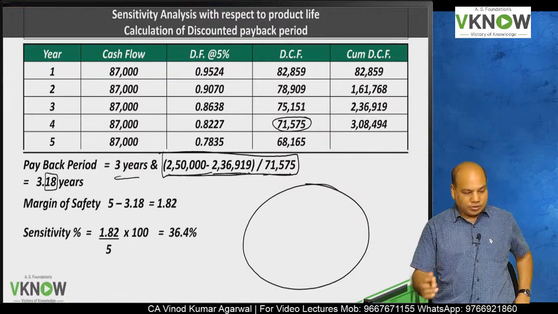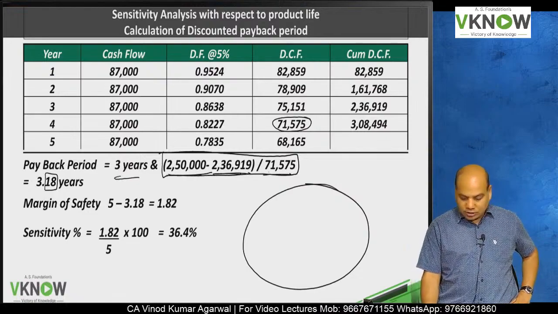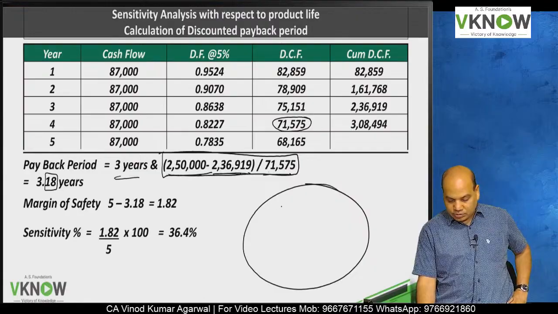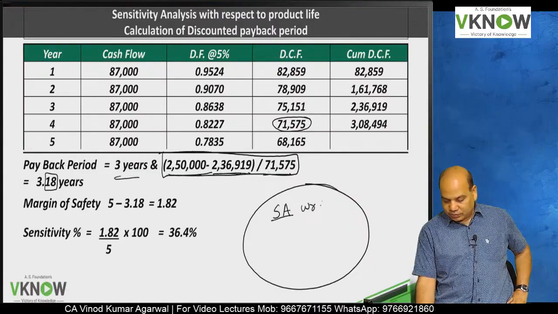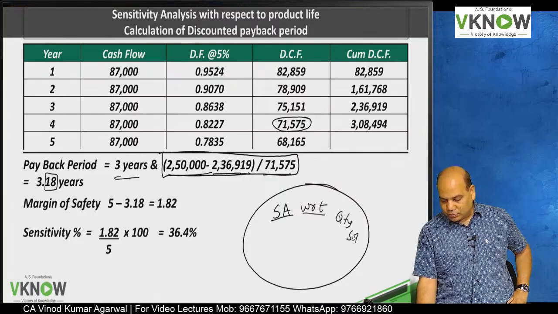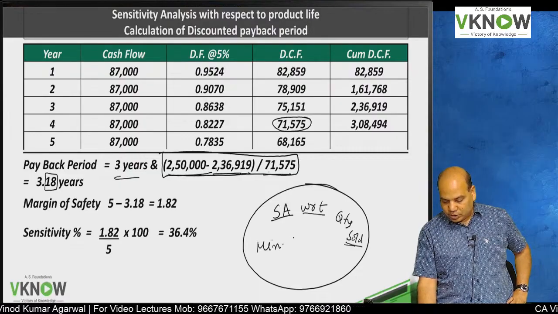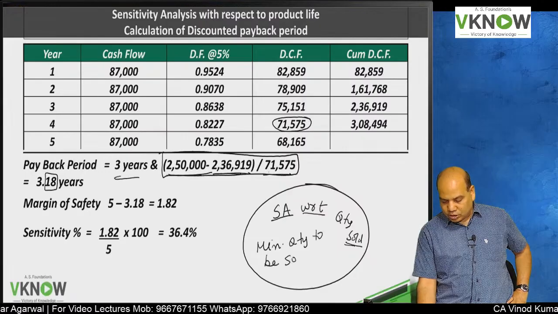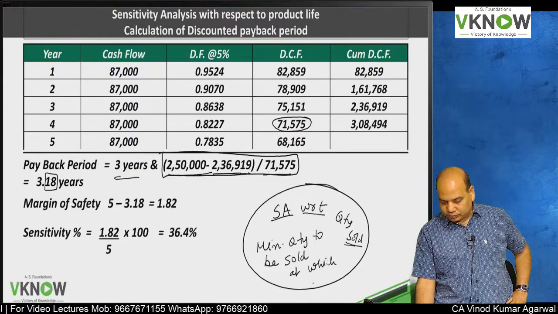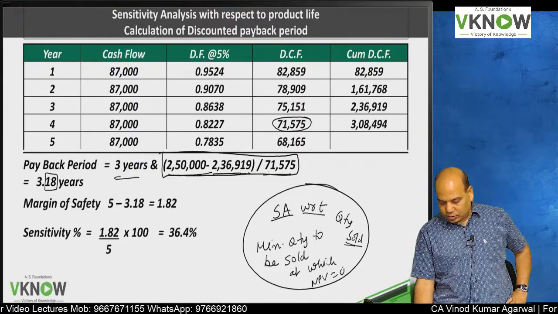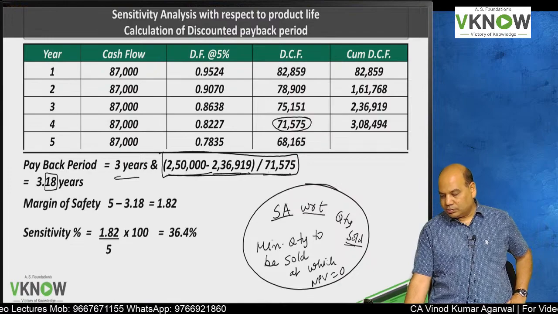all students are good. My question is, next question number 2, sensitivity analysis with respect to quantity sold. You have to tell me what is the minimum quantity to be sold, or the quantity to be sold at which NPV will be equal to 0.